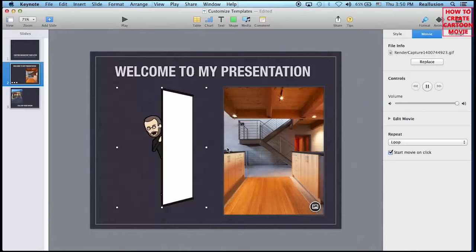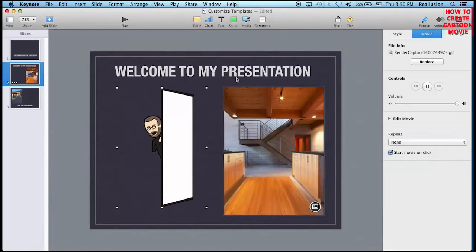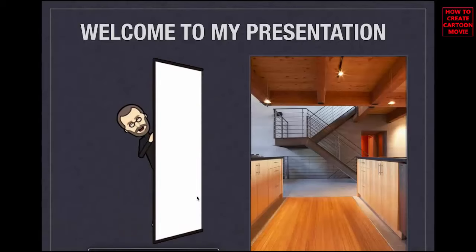If I wish for this not to loop, I can make sure it's selected, click on Do Not Loop, and then Start Movie on Click. So I can go to play, and then, hello everyone, welcome to my presentation, and when I click on it, my character will appear.